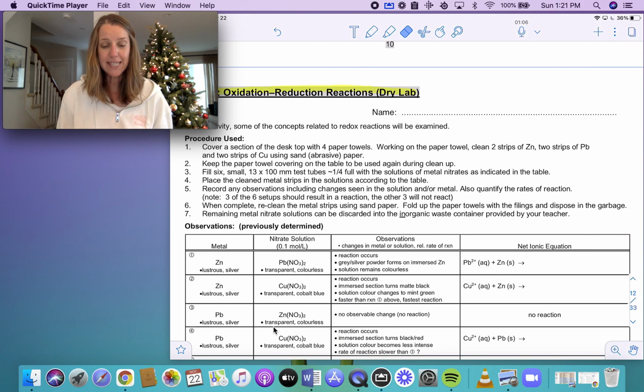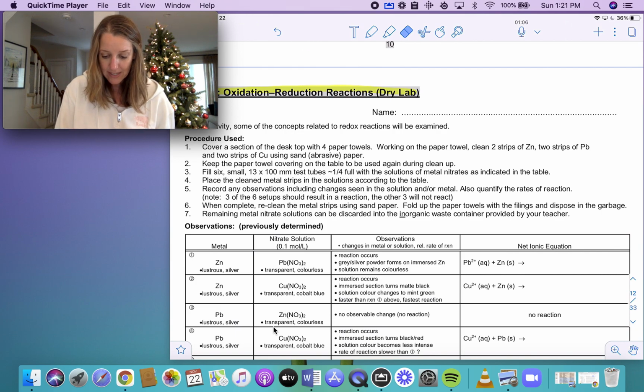Then, based on the observations, which tell you whether the reaction occurred or not, you're going to be writing up the net ionic equation for the reactions that did occur. And then you're going to be comparing these to see which ones are stronger than others, because if the reaction did occur, then you know which metal got oxidized and which ions got reduced.